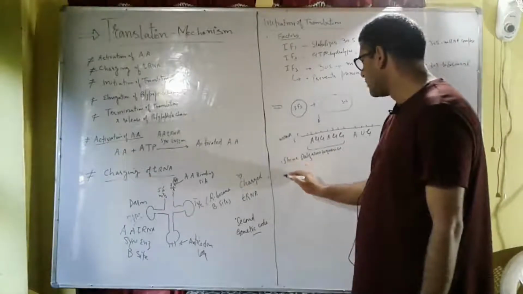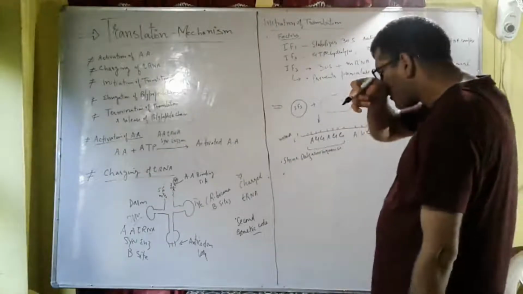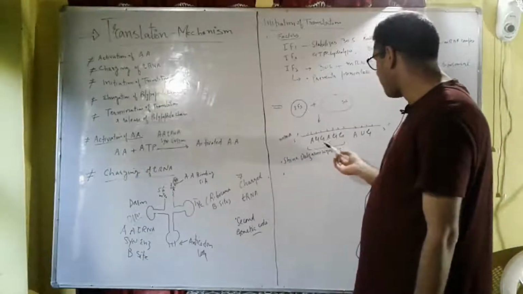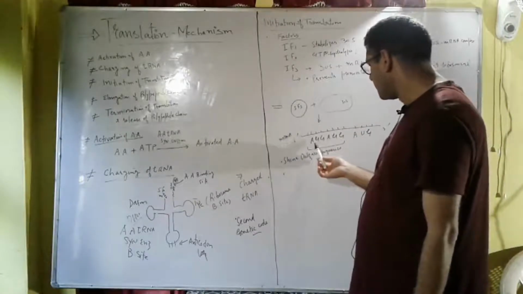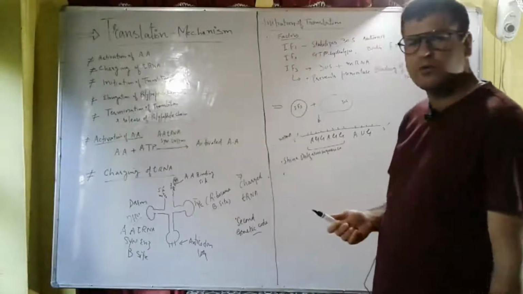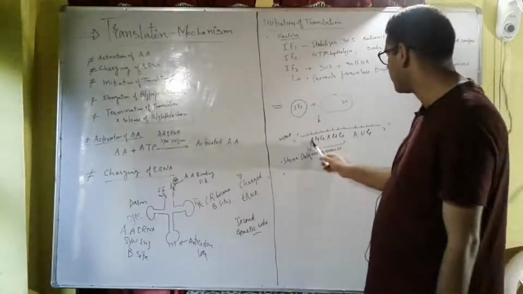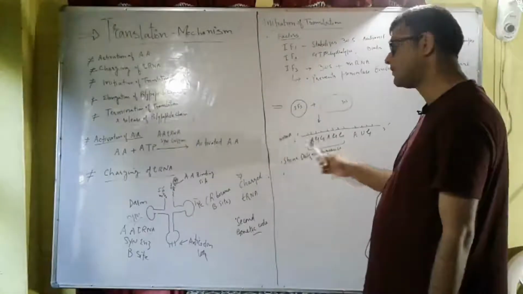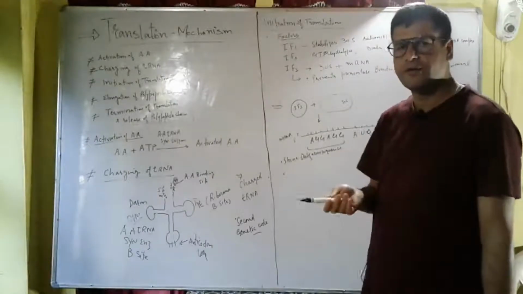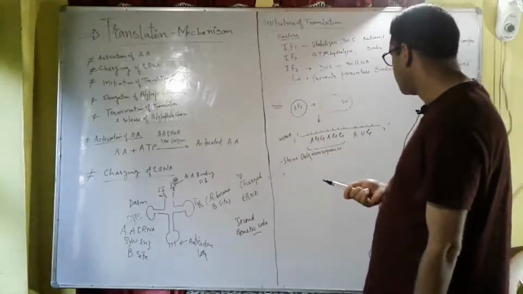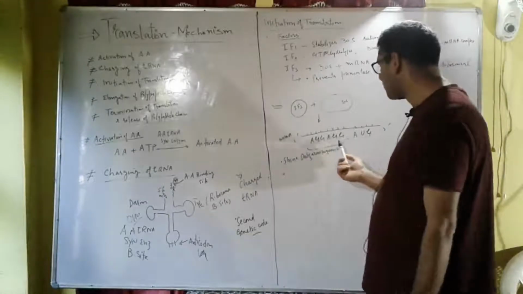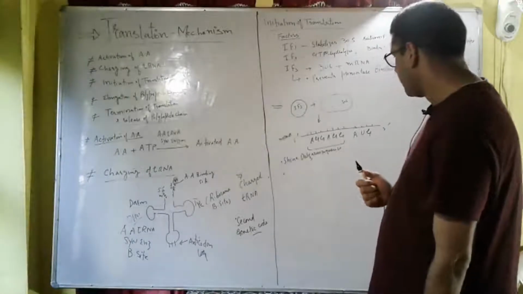This Shine-Dalgarno sequence is a base sequence of 6 nucleotides, 1, 2, 3, 4, 5, 6, and these are all purines, adenine and guanine. They precede the initiation codon present on the mRNA.